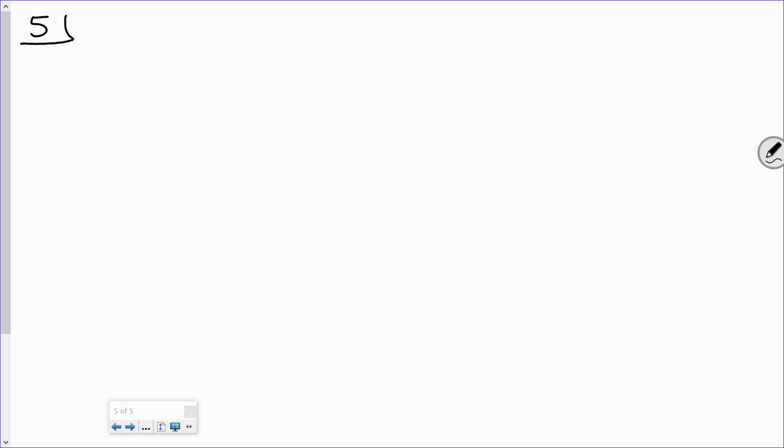Okay, so to start off, we have a 50 kilogram mass being acted on by a force. Now, if I've got a mass and I've got a force, what should I be able to solve for? Force equals mass times acceleration.